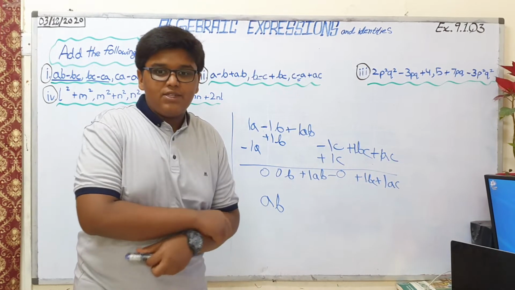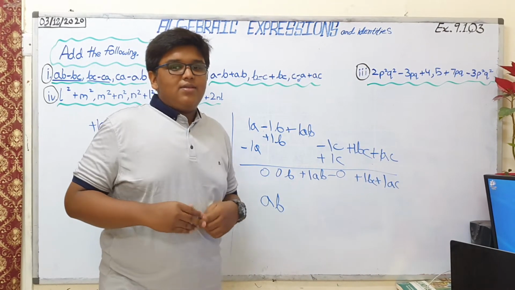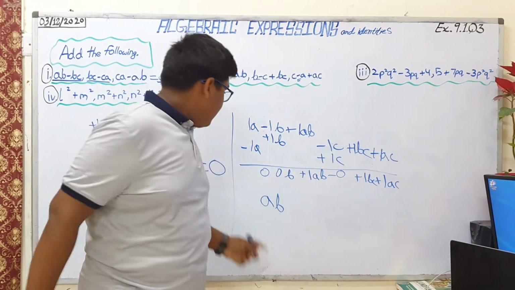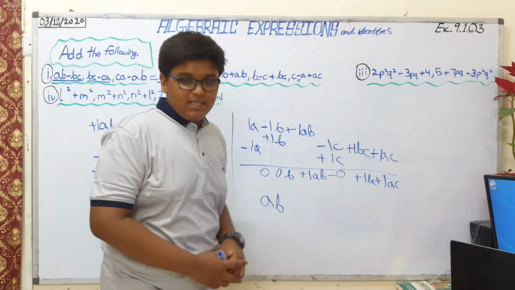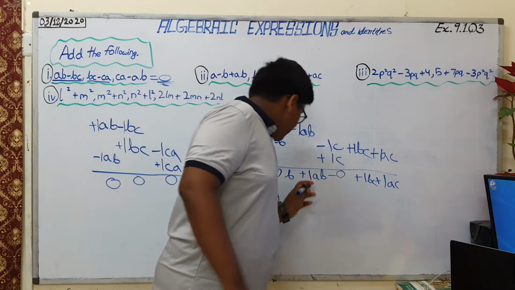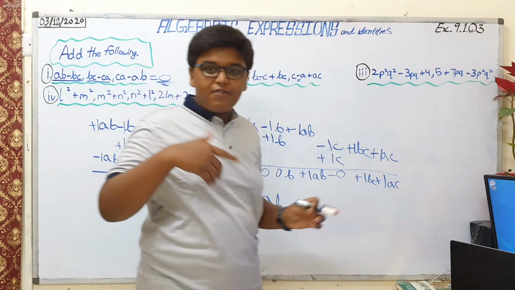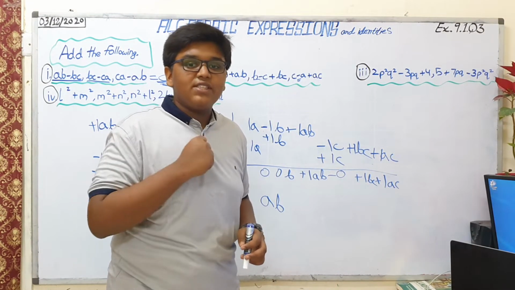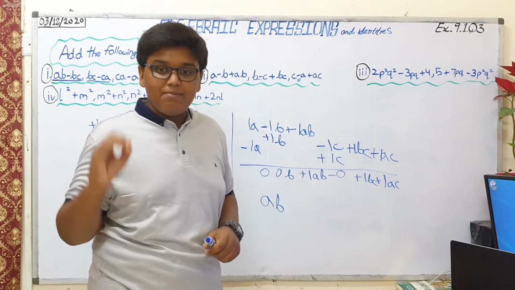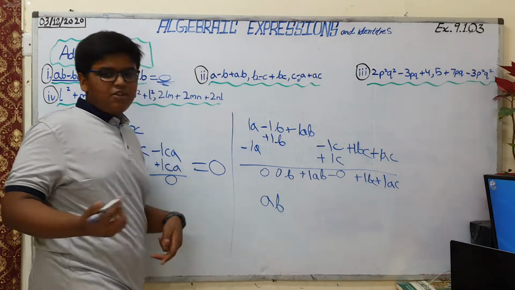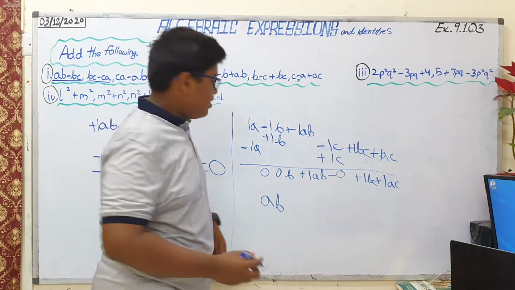I want to remind you, as we know, that AB plus BC plus AC. Now this one we have, it's in our wish. If we want to write it, we can write it, because it's the same meaning for it. So it's in our hand. If we want to write, we can write it.